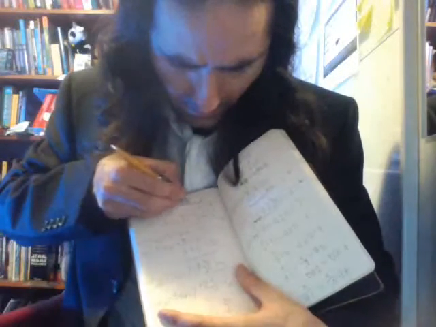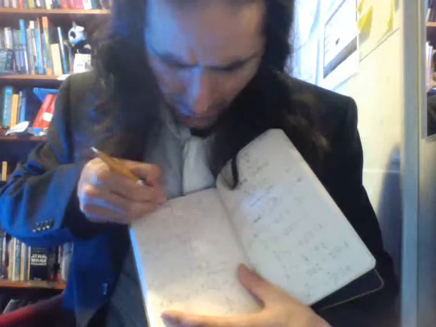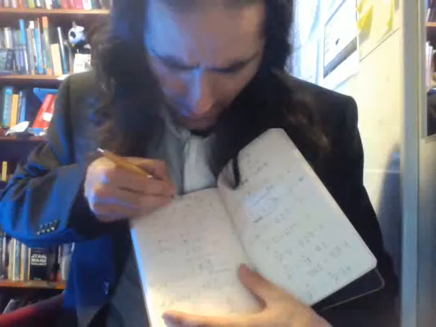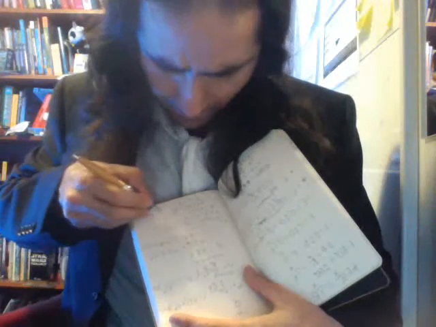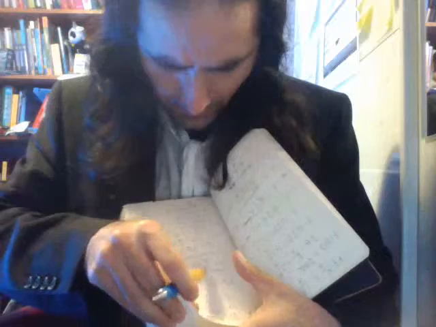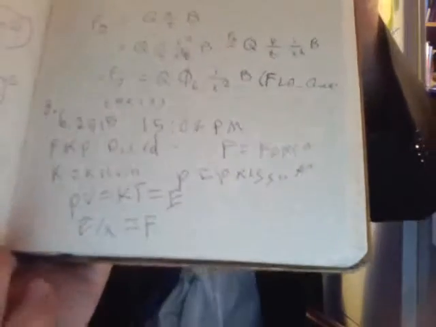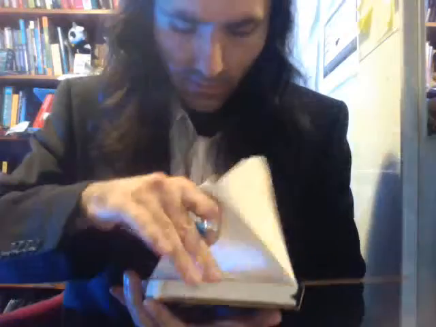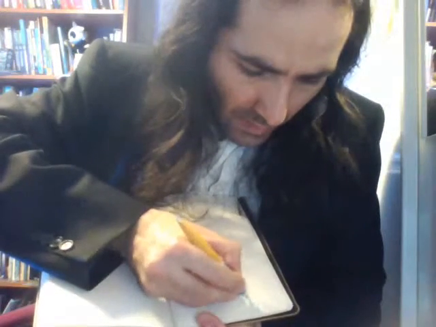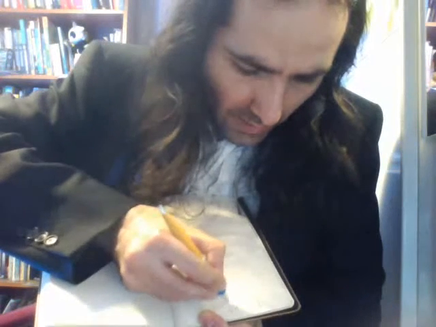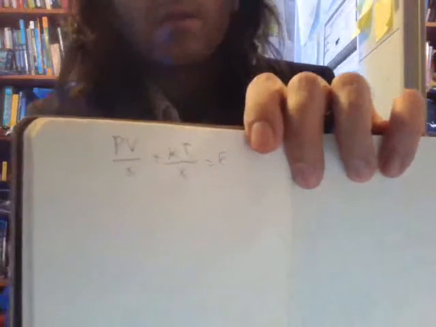PV is KT, is E, E per X is F. So that would mean PV per X plus KT per X is F. That would mean this.